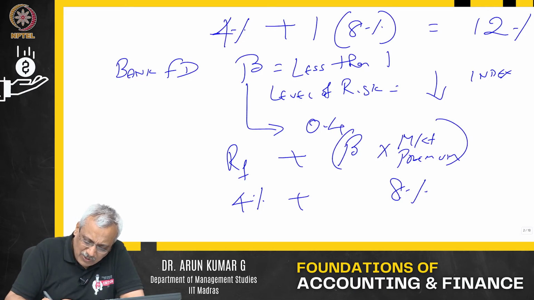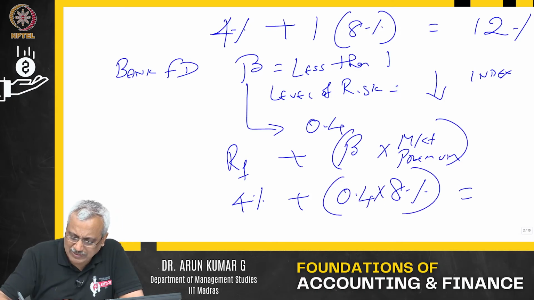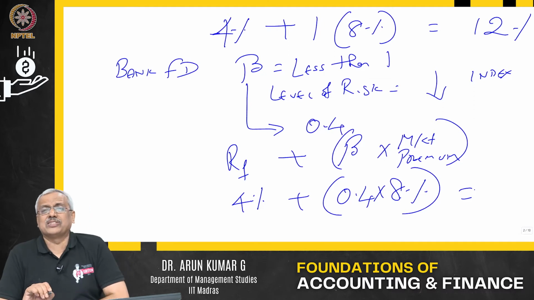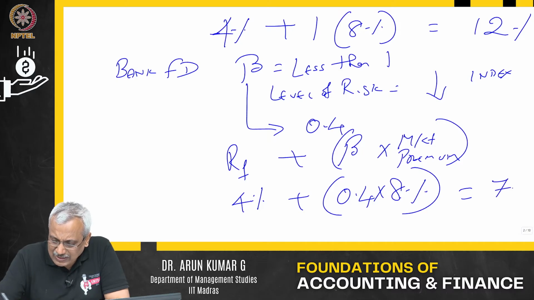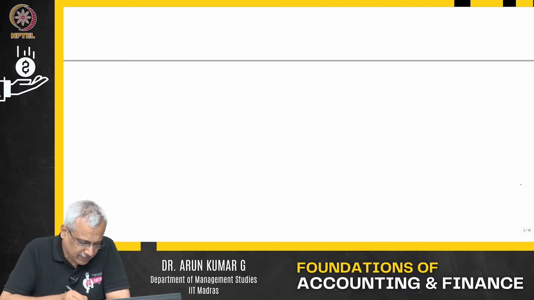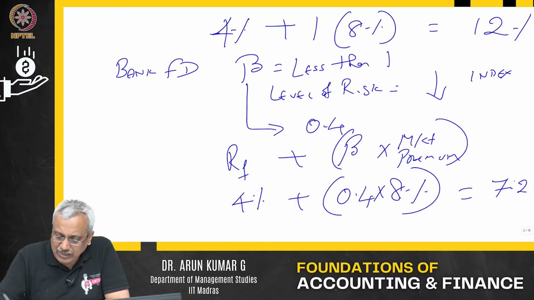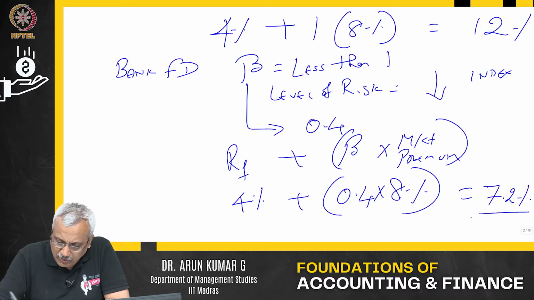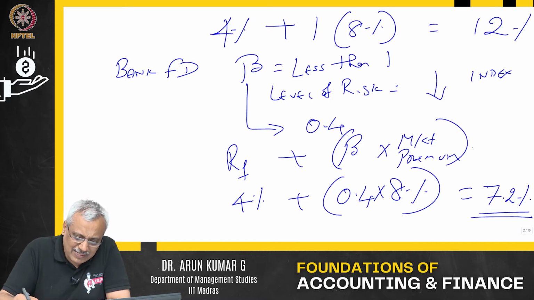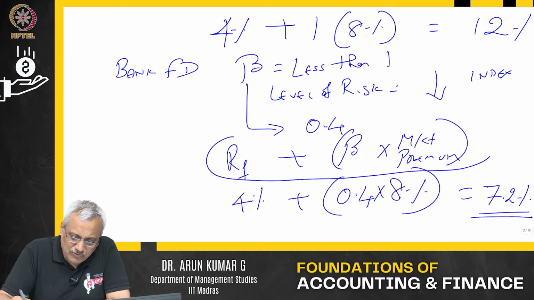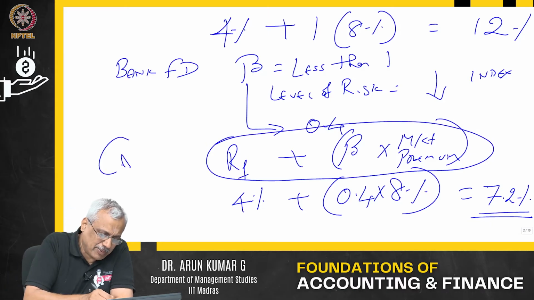Now, I know the beta of the investment is 0.4, so 0.4 into 8% is 3.2, plus 4, that is roughly 7.2%. That is going to be the expected return, found from this, and this is what we call the CAPM.